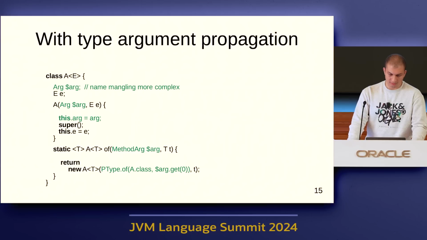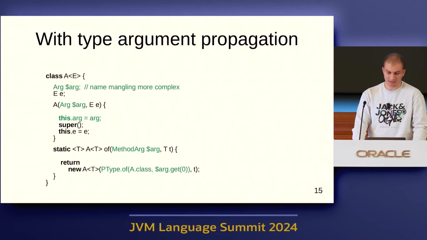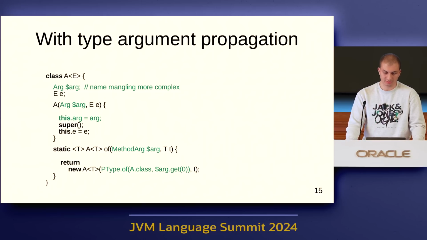And for the auth method, we also have an additional parameter of method arg type, which will be used, as we can see in the return of the method, in the instantiation of an A object to construct the parameterized type representing the newly created object, which in our case is the parameterized type A of T.